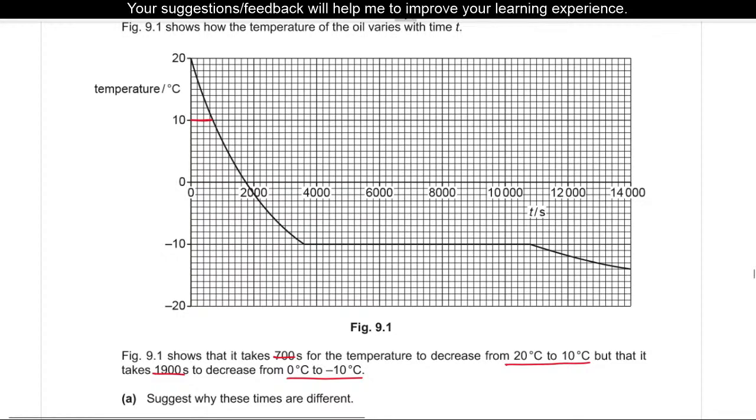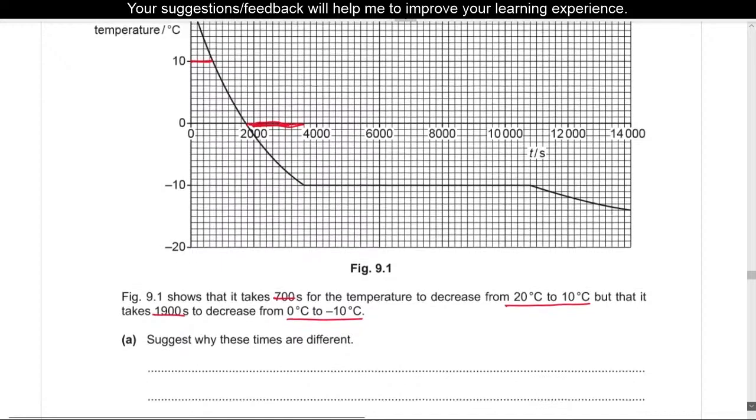This much time is taken to cool from 20 degrees centigrade to 10 degrees centigrade, but from 0 degrees centigrade to minus 10 degrees centigrade, it takes this much time. So what is the reason?